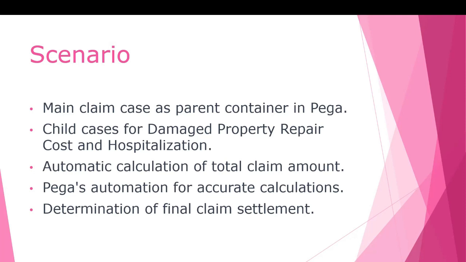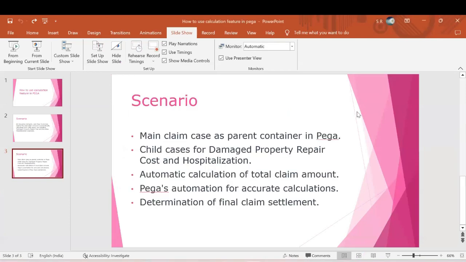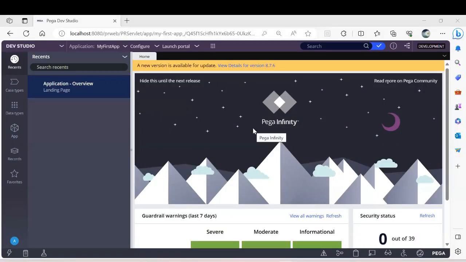Now, let us quickly jump into our Pega platform. We have logged into one of the existing applications, which is My First App. Now let's see how to create the case types.